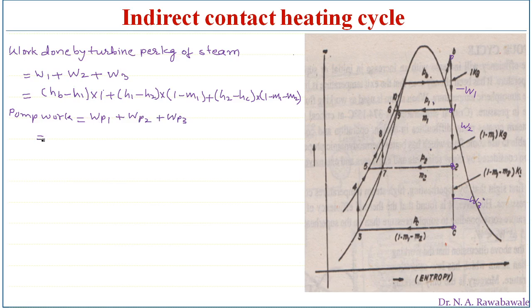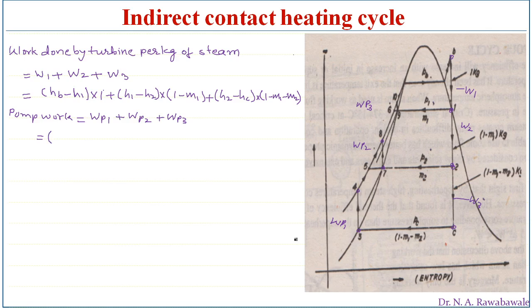Looking at this, pump work WP1 is from point 3 to 4, then 7 to 8 is pump work 2, and pump work 3 is from 9 to 10. So pump work 1 can be obtained here.